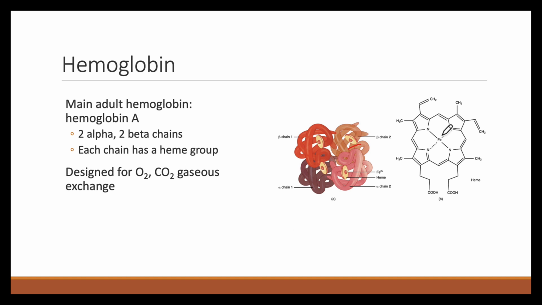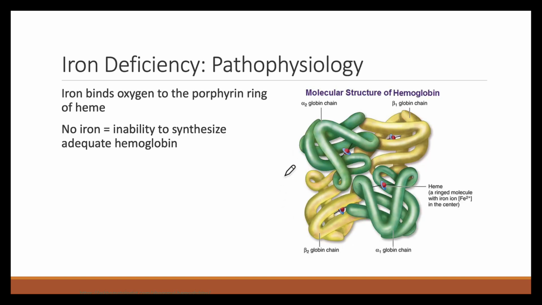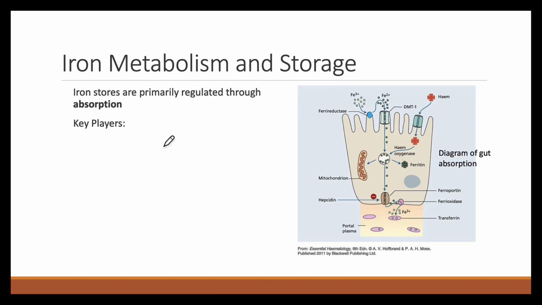Note on the right diagram the iron atom that is at the center of every heme ring. It is iron in the center of the heme ring that binds oxygen. Without iron, we cannot synthesize adequate hemoglobin, and thus we become anemic, which will be defined later.